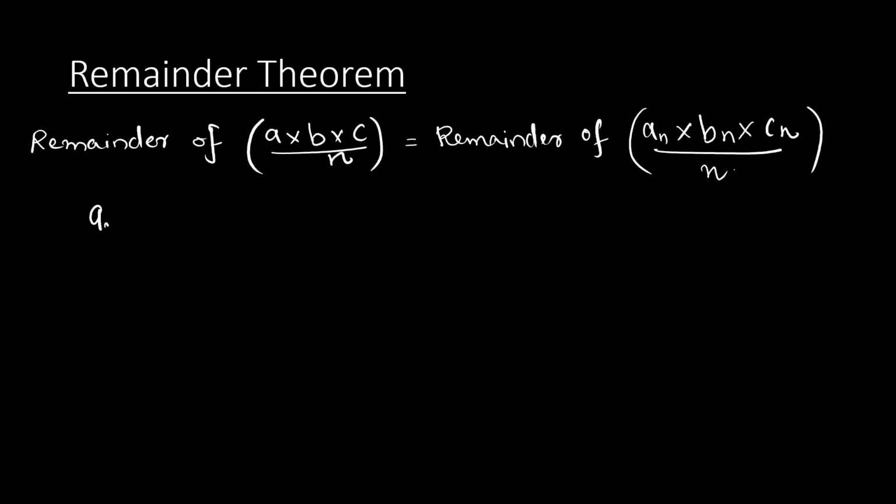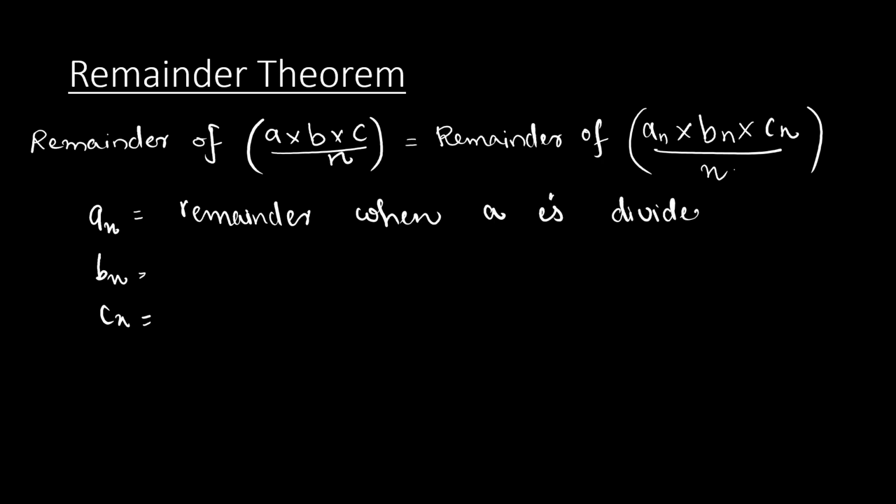Now what is an, bn and cn in this expression? An is the remainder when a is divided by n. Bn is the remainder when b is divided by n.